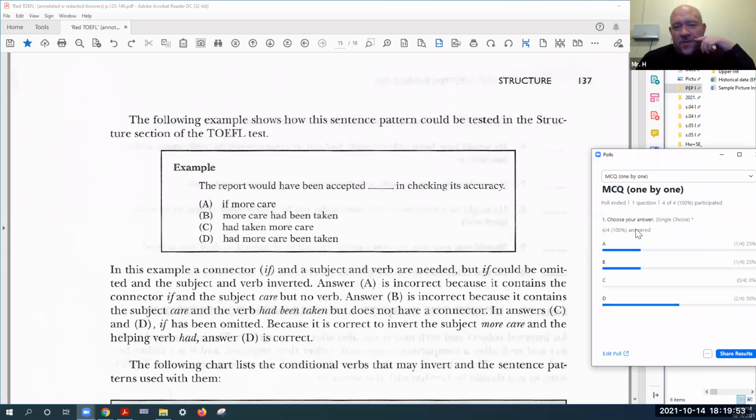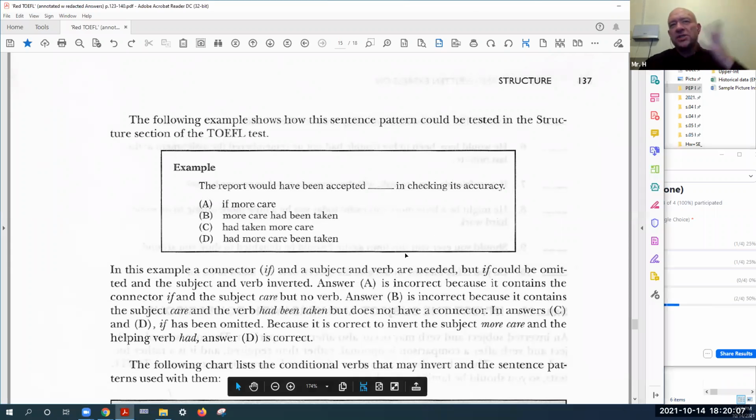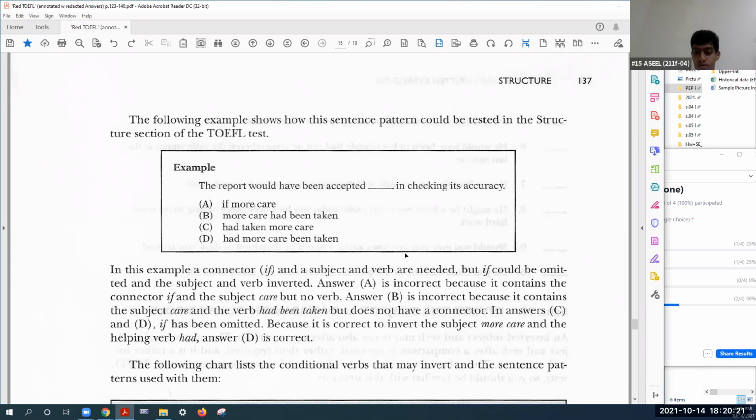All right. Let's start with the person who selected A. Who selected A? Asil? Okay. So Asil, in this example, let's find the main clause. The report would have been accepted. Correct. That is the main clause.